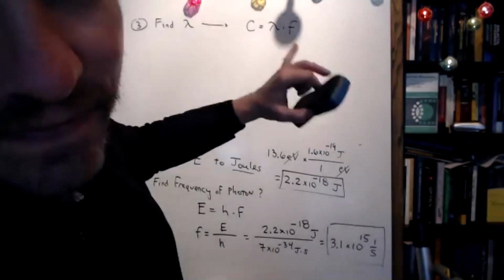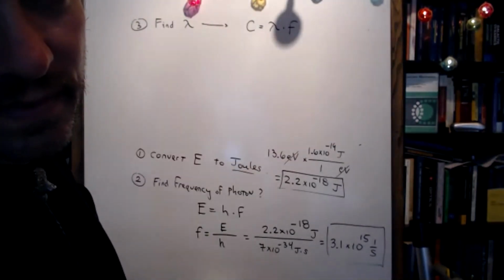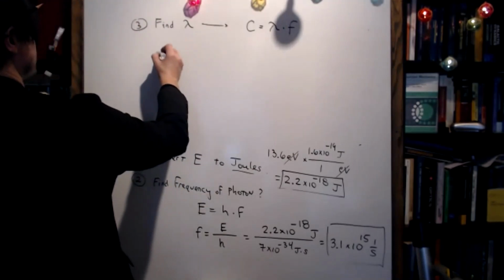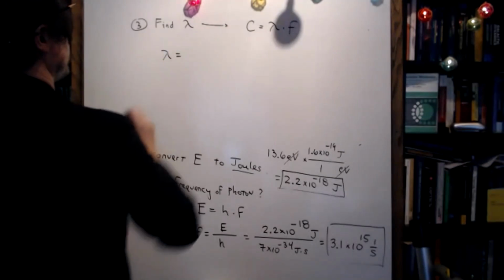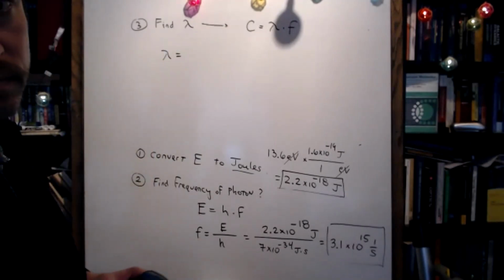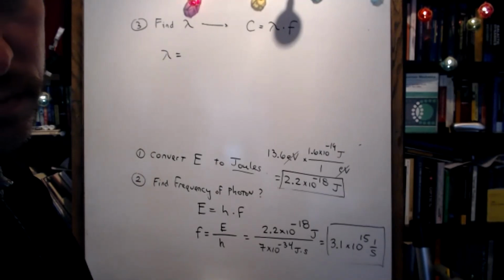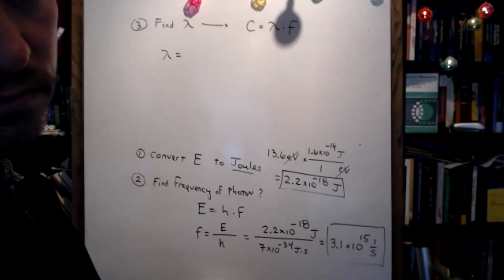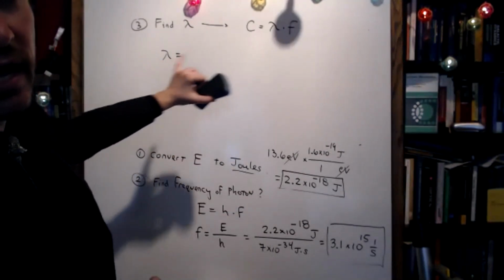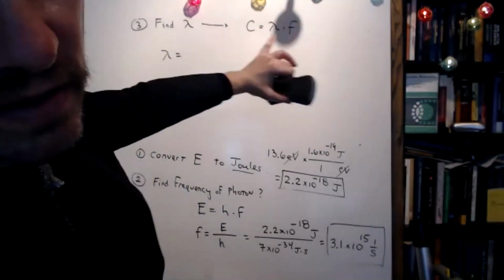Stacy, do you know how to solve that for wavelength? Tell me what the formula is. Can you give it to me symbolically first? I just want to know if you can rearrange this formula to solve for wavelength.